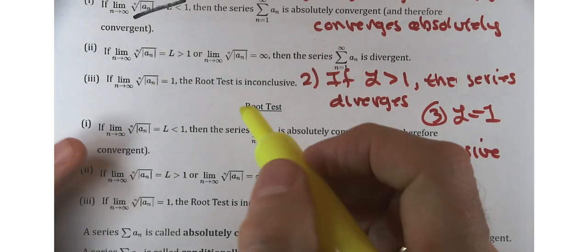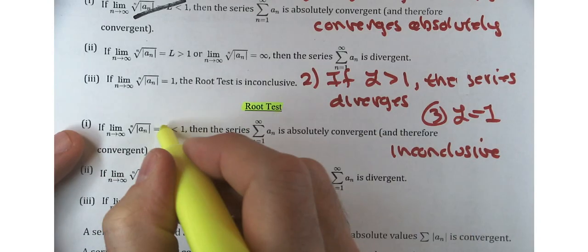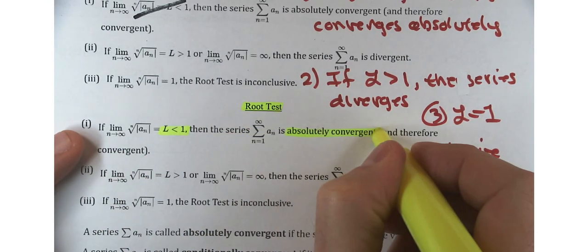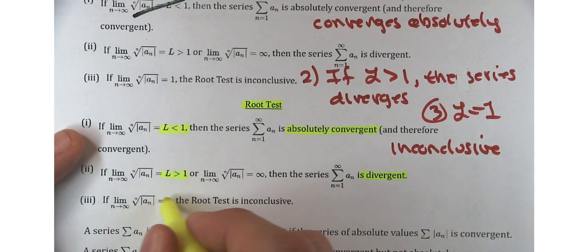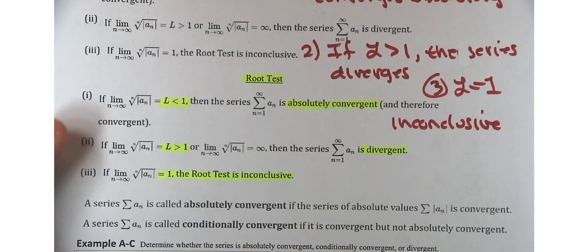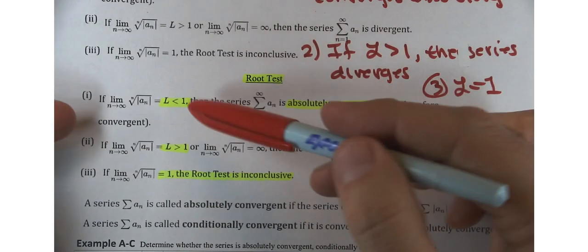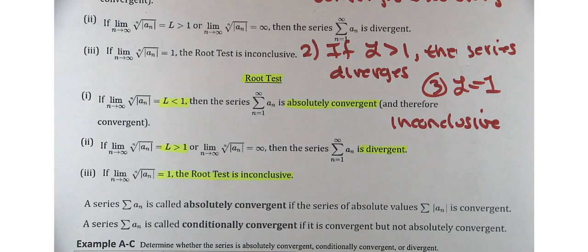Greater than 1, it's divergent. And equal to 1, it's inconclusive. So similar kinds of conditions. It's just that you're dealing with a different expression that you're taking the limit of.